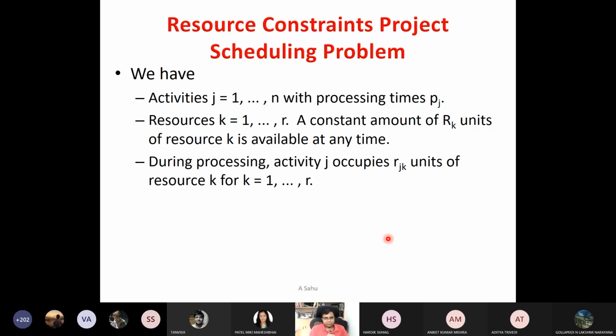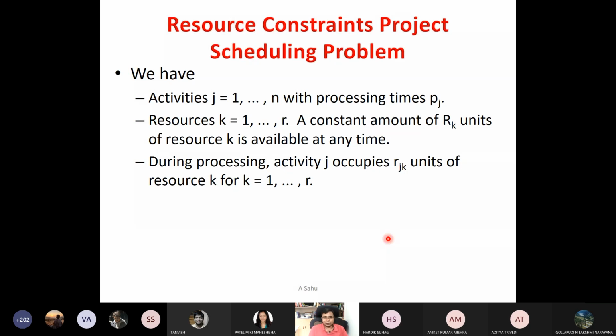And during processing, activity j occupies rjk units of resources. So suppose you process the activity or job on the kth resource, then it will occupy rjk amount of resource k.